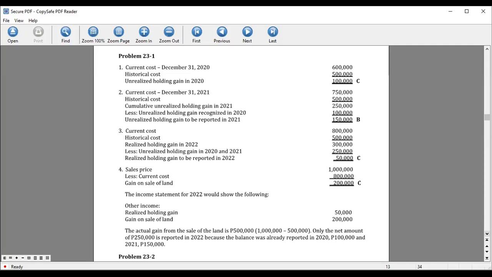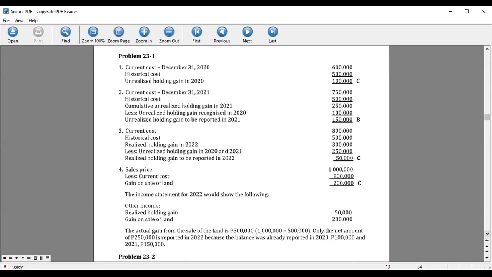So the unrealized holding gain in 2021 year end is 150,000. The land was sold on December 31, 2022. On this date, the current replacement cost of the land is 800,000. So what is the realized holding gain to be reported in 2022? For the current cost equal to 800,000, the historical cost is 500,000. So we have realized holding gain in 2022 of 300,000.